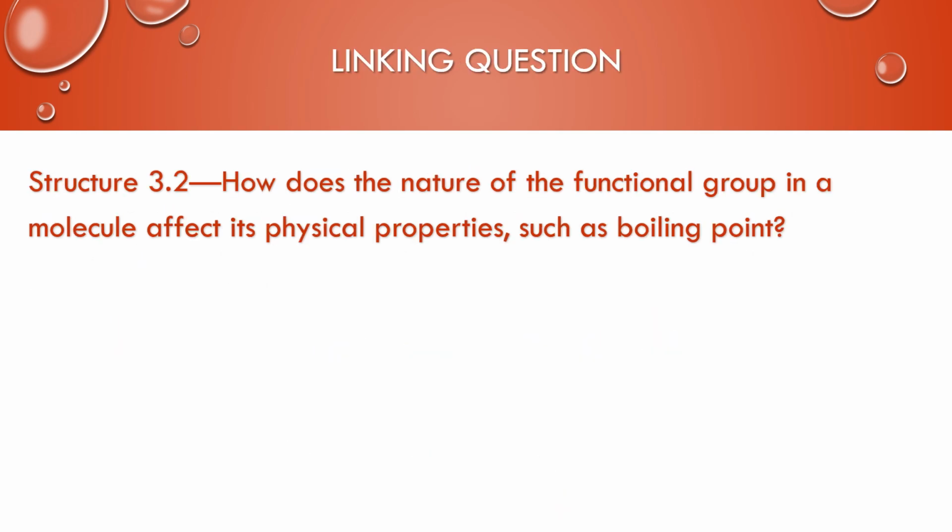So this links well with the nature of the functional group in a molecule affecting the physical properties. So I would talk about this in terms of the difference with distillation and reflux for the oxidation of those alcohols, specifically primary alcohols. The alcohol itself has hydrogen bonds.